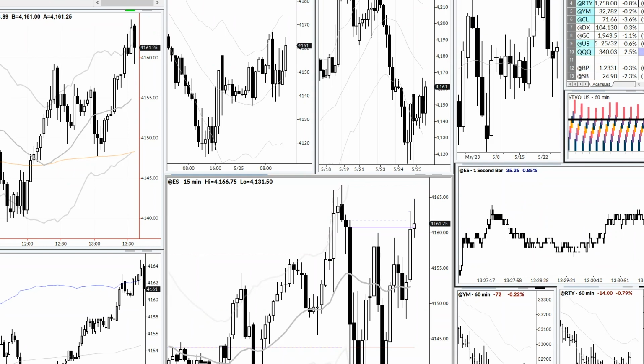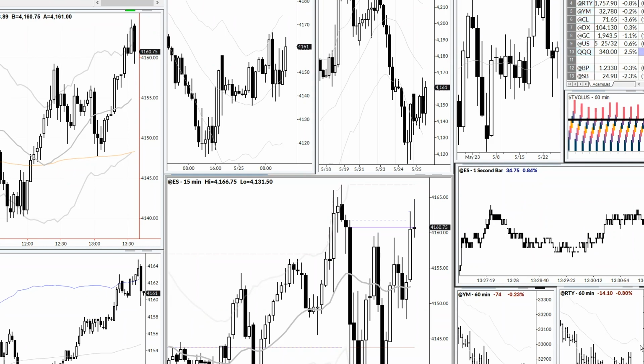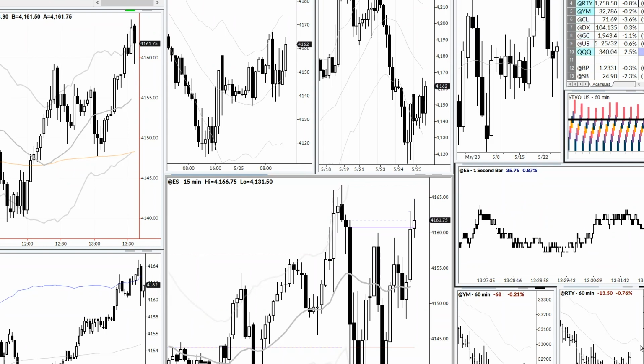So all of this to me, I think of it as a synthesis approach. It's like we're putting together many different things and understanding overall, what's the character of this market.